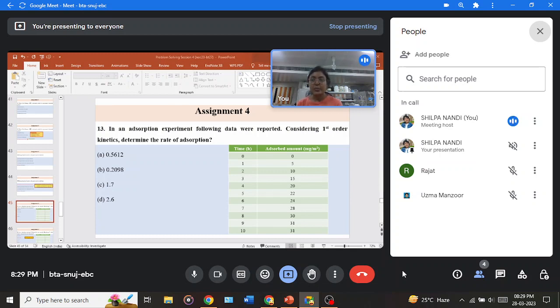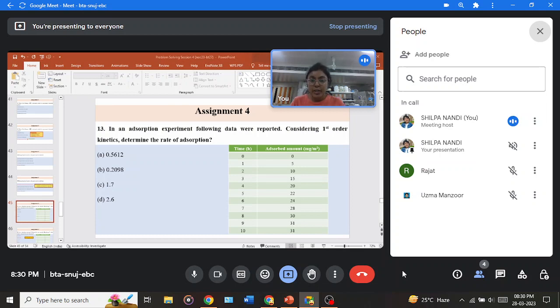So this table has been given wherein time and adsorbed amount or adsorbed mass is given. At 1 hour there is around 5 mg per meter square adsorbed mass of protein. Similarly, at 2 hours there is 10 mg per meter square of adsorbed mass.